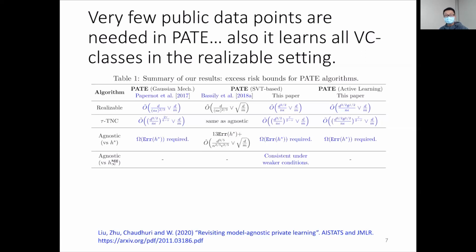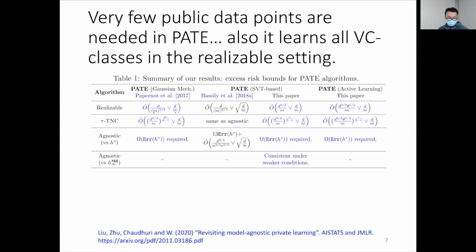What this implies is that when you have a tiny bit of public data available, you can actually learn all VC classes without losing too much in rate. In particular, M is the number of data points available in the public data, and N is the number of data points you need from the private data set, and this is the suboptimality that you can get.